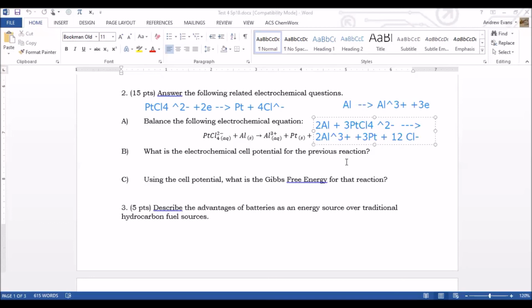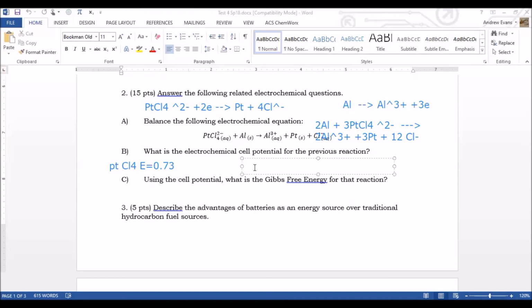Platinum chloride plus 2 electrons goes to platinum plus chloride. After I finish this problem, I'm going to stop the meeting, but we have a minute or two. So the platinum reaction is as written. Platinum chloride, E is equal to 0.73.